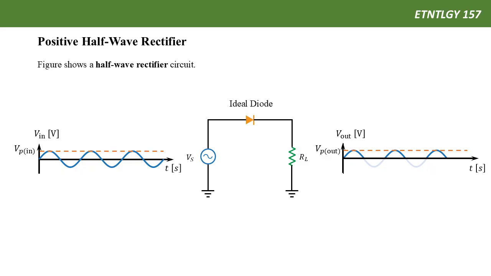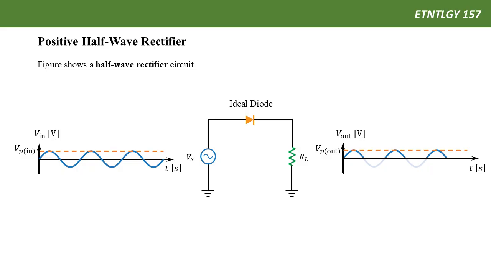At a certain time, the signal is positive, and after a certain time, it becomes negative, and this pattern is generated repeatedly. The peak value of this sine wave, let's call Vp(in). That's the peak voltage of the input signal. So the lower peak is negative Vp(in).